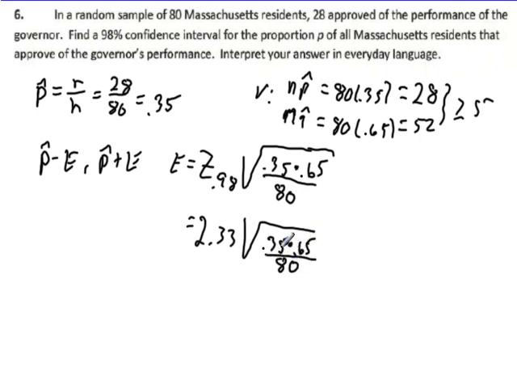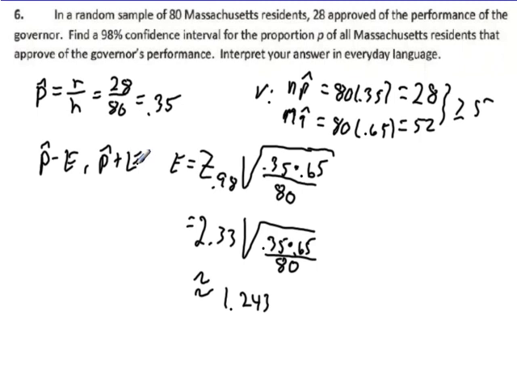And what we should do on your calculator is multiply the two decimal numbers, then divide by 80. After you get that answer, take the square root, then finally multiply by 2.33. Carefully work that out. When you do, I get approximately 0.1243.